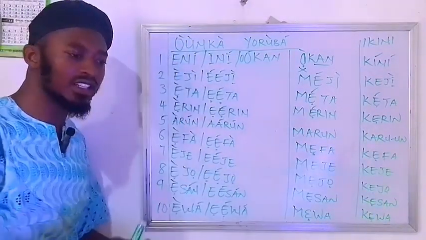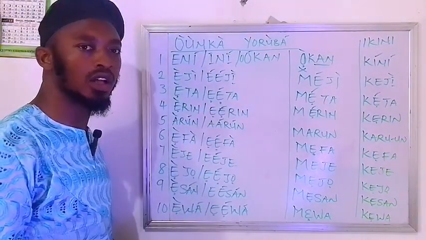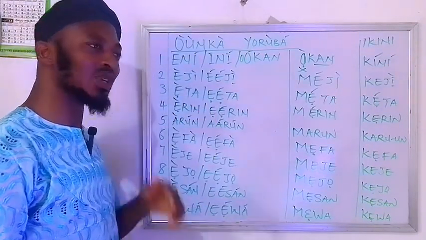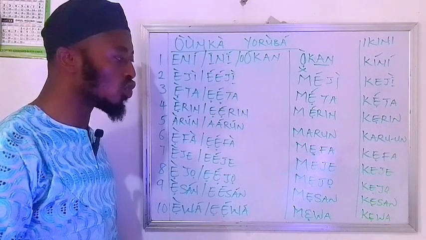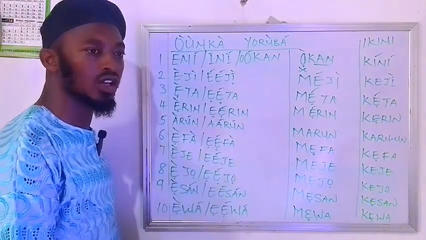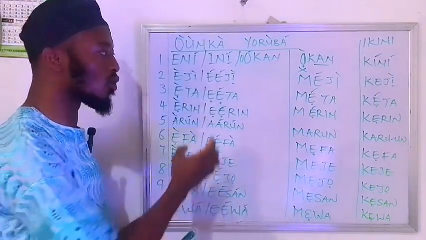So this is just the simplest way to learn the Yoruba numbering. From 1 to 10 now, it seems kind of easy. So in the next lesson, we'll be taking it from 11 to 20. You're going to notice a little variance from what we see here.